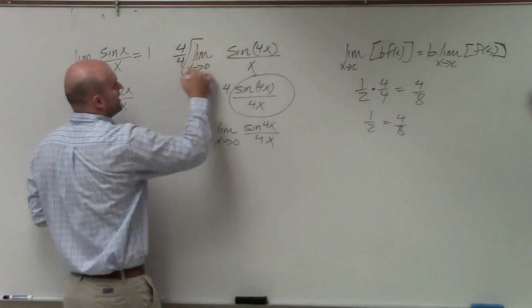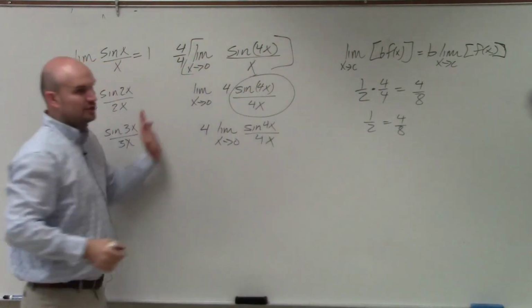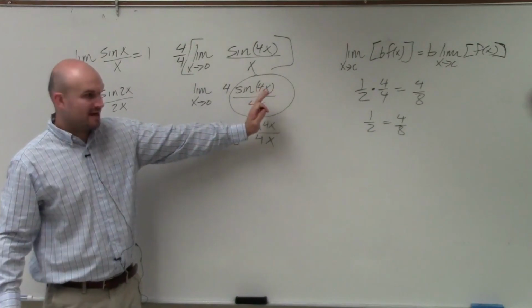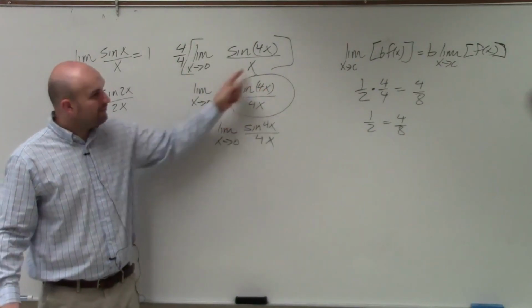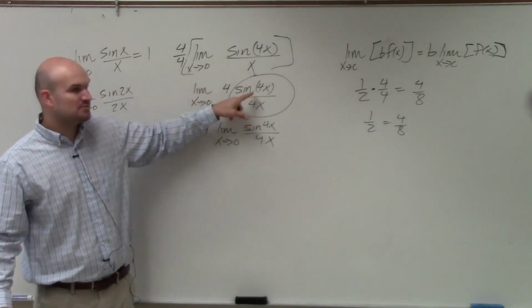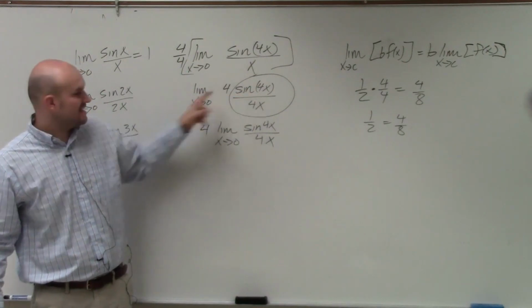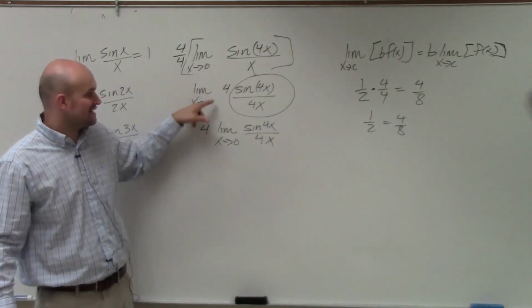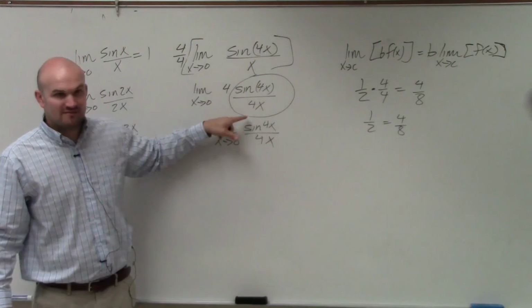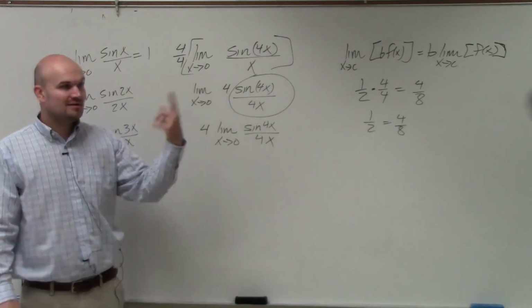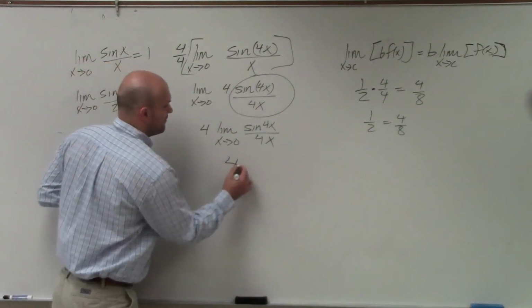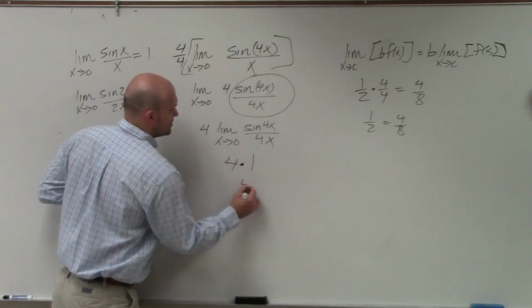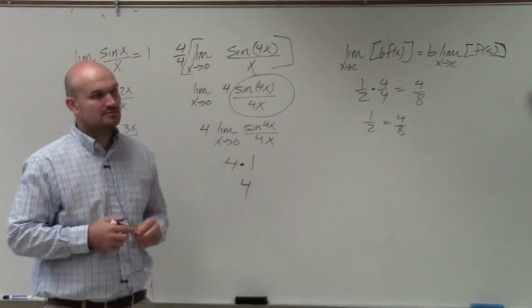If you multiply on the outside, you can multiply on the inside. I want to group this together because what's the limit as x approaches 0 of sine of 4x divided by 4x? That's going to be equal to 1. So we have 4 times 1 equals 4.